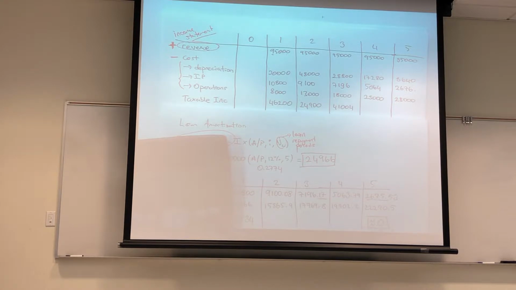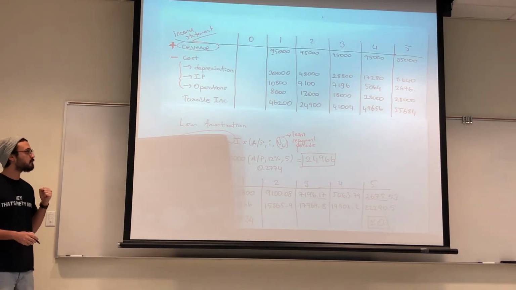Is anyone else doing the calculations with me? Just to check. Okay. $95,000 minus 8,640 minus 2,676 minus 1,000. Right. So now we're one step closer to our objective.